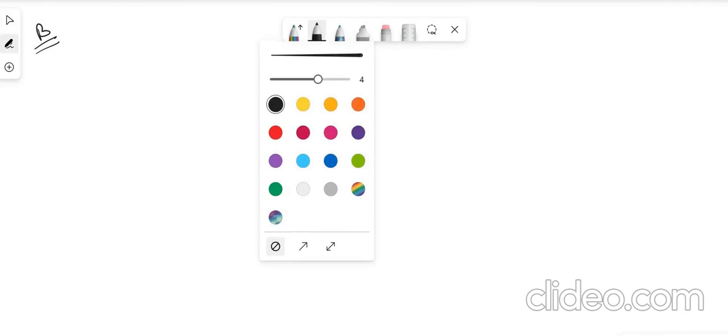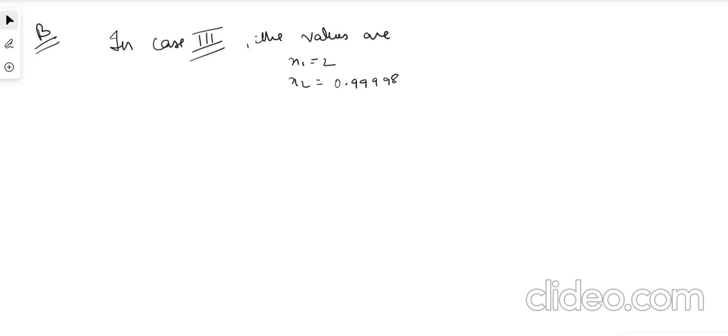In case 3, the values are x1 equals 2, x2 equals 0.99998, and in case 4, the values are x1 equals 2 and x2 equals 0.99998. Hence, we can conclude that the interchange of equations does not affect the solution of case 3 and case 4.